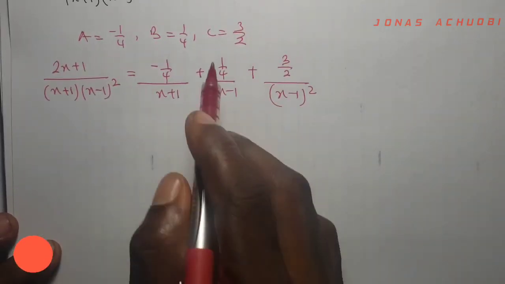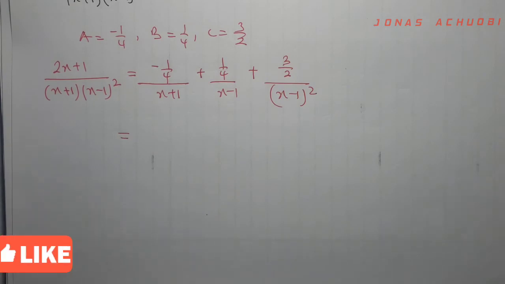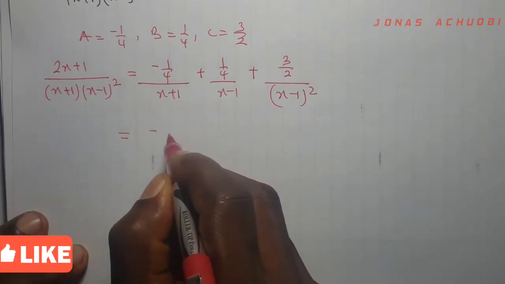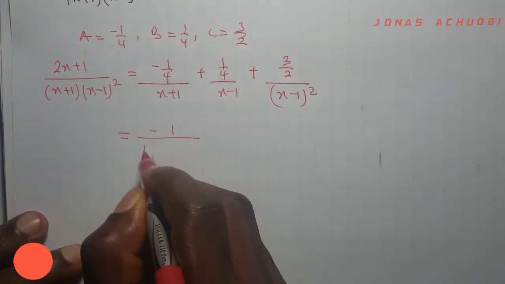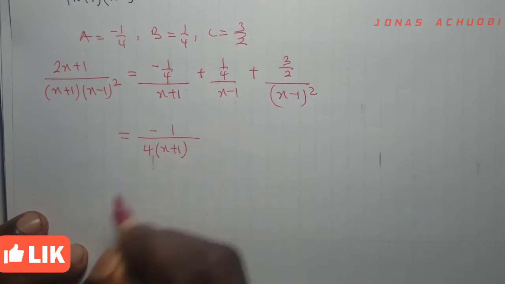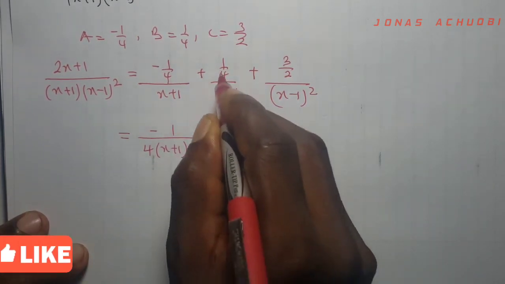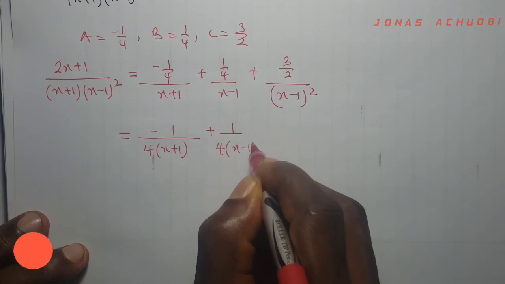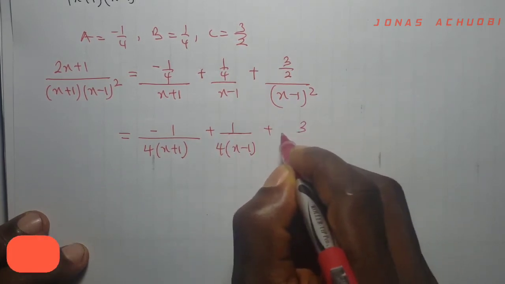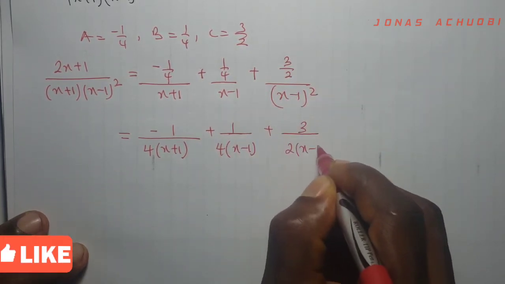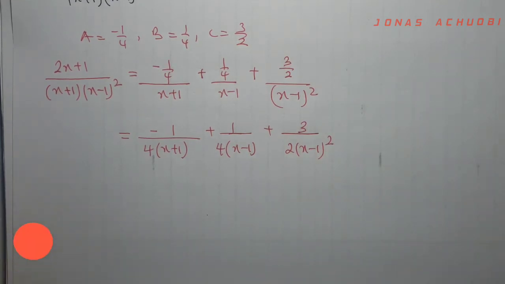And of course, we can tidy this up one more time to get minus 1 over, this 4 will come down into x plus 1, plus 1 over, this 4 can come down again, x minus 1, plus 3 over 2, the 2 comes down, as x minus 1 all squared.